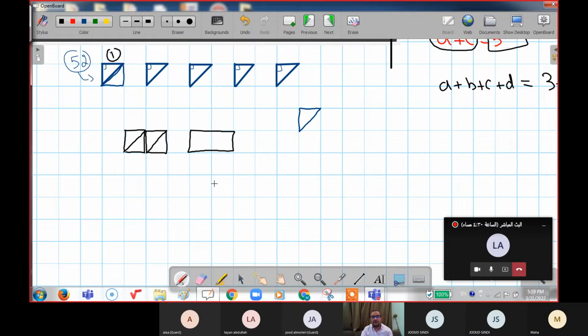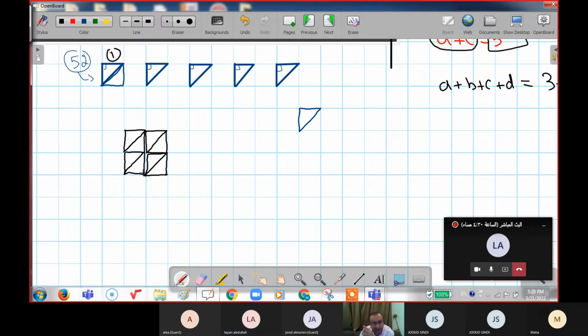So I must continue the square by adding 2 small squares. The first one is here, and the second one is here. Okay? So how many squares do I use now? 4 squares.